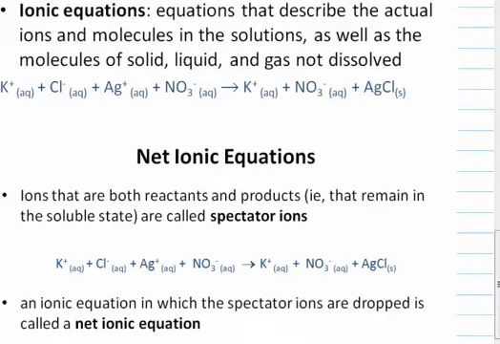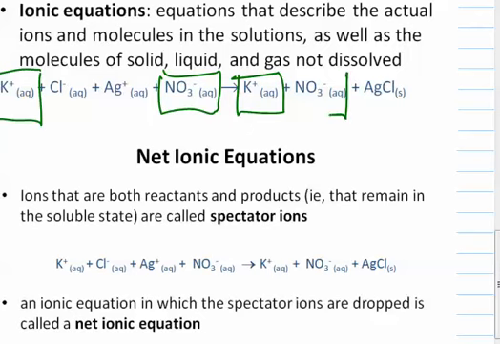Once we have identified our reactants and products, we can look at this full ionic equation and recognize that we have potassium ions as a reactant, and these aqueous ions are still present as a product. That is, these potassium ions are spectator ions. We can do the same thing with our nitrates, right?